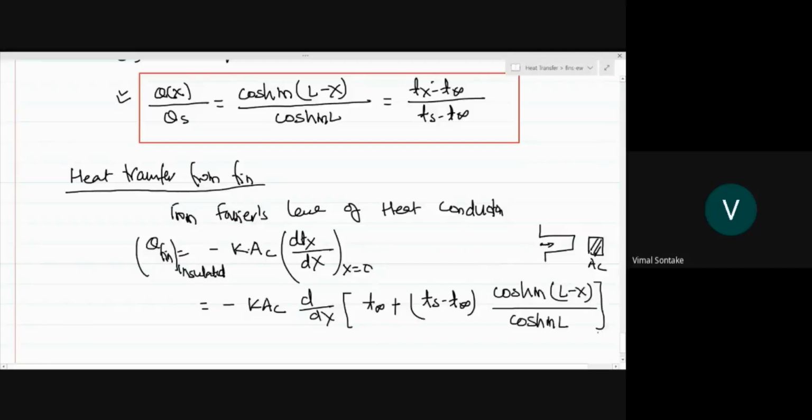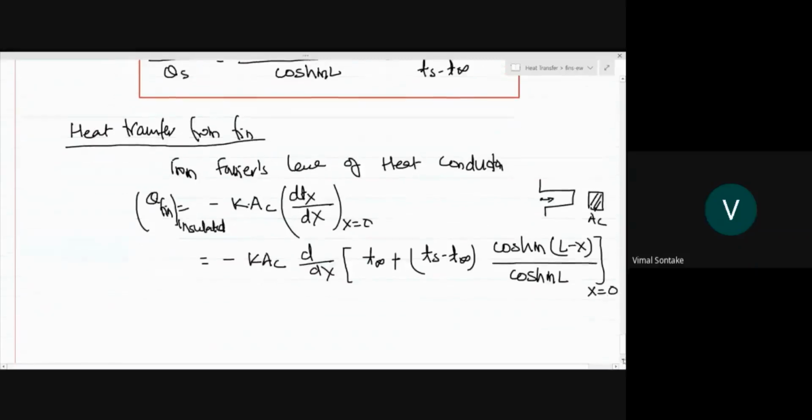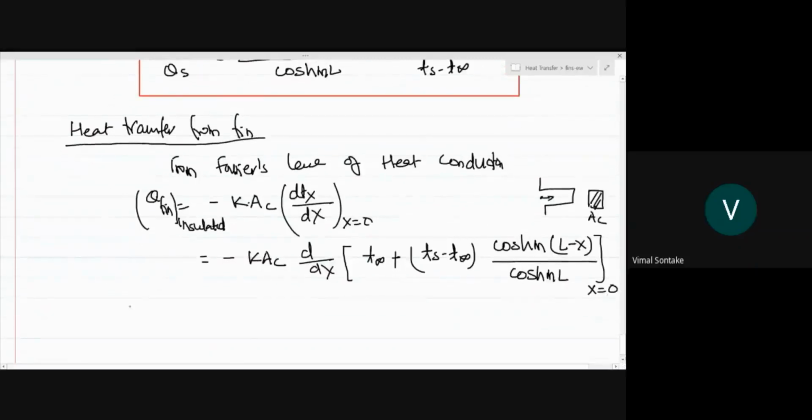And after differentiation, the value of x will be 0. So Q fin for insulated tip fin will be minus K AC.